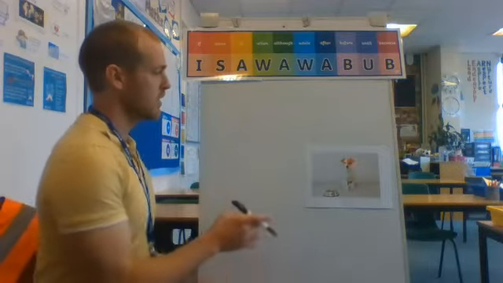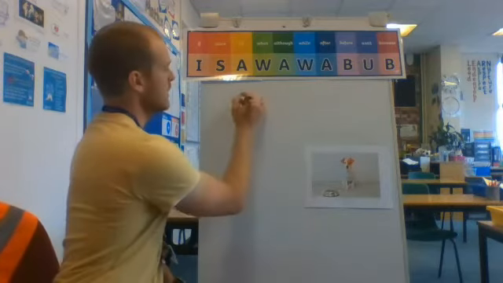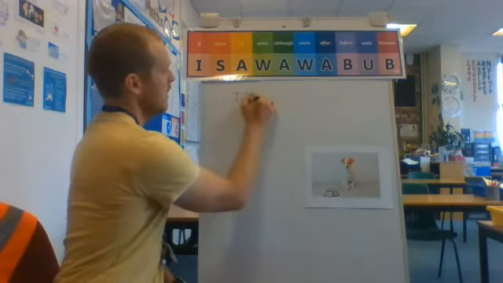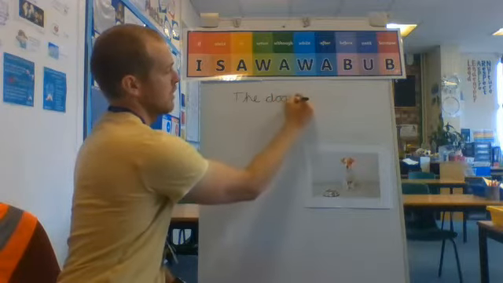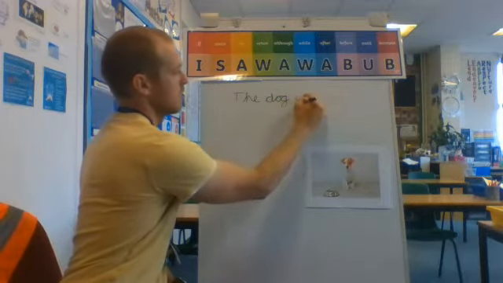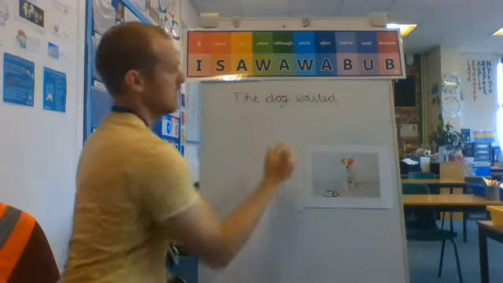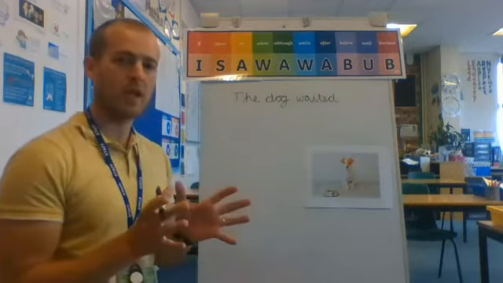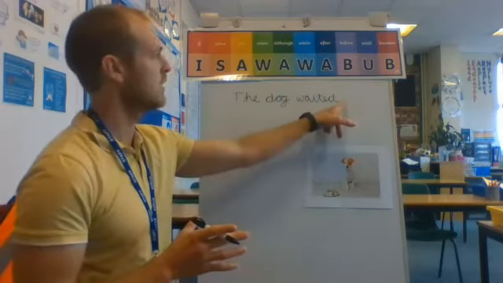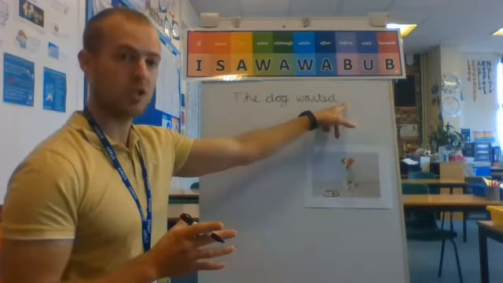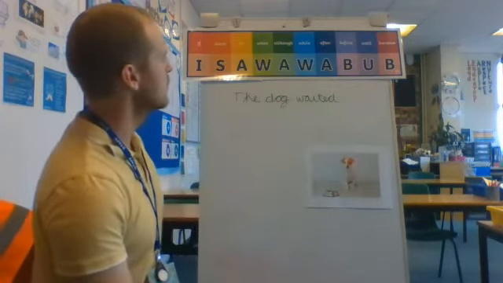Okay, so I'm going to think about my first main clause. My first main clause is going to be the dog waited. Remember, that would make sense on its own if I just put a full stop at the end of a sentence. The dog waited. Okay, so I need to make sure I've got my main clause sorted. It makes sense on its own if I was just to put a full stop at the end. But subordinating conjunctions are used to extend our sentences. Let's see, a conjunction I could use.